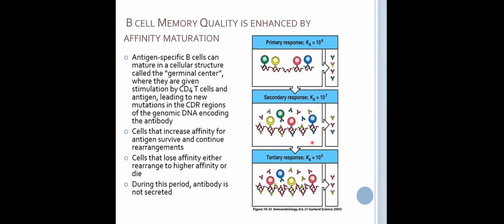And so over the course of an immune response, you will go up potentially almost 2 logs in the affinity of the antibody for the antigen through this processive cycle of B cells mutating their antibodies, testing whether that antibody can still see the antigen in the context of a lymph node structure called the germinal center, that will, if the B cell gets better at seeing the antigen, give it a survival signal. If it gets worse at seeing the antigen, the B cell dies.